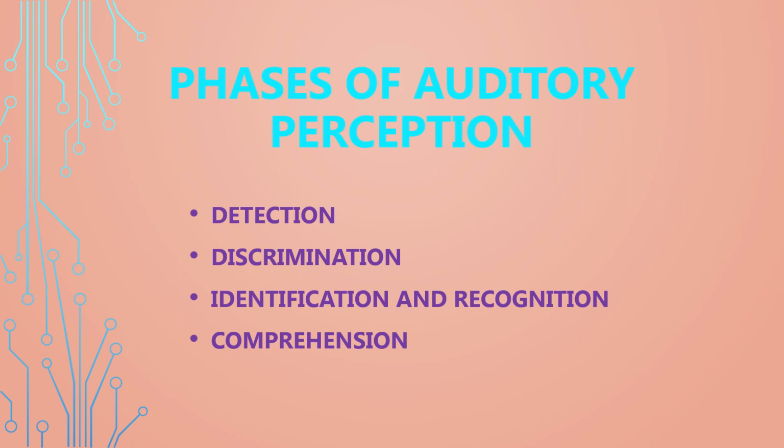So if a friend at a party is telling you that he has to leave, then it is important that we understand the message he is transmitting. So, comprehension. These are the phases of auditory perception. We need to be able to detect it, discriminate it, identify and recognize it, and comprehend it.